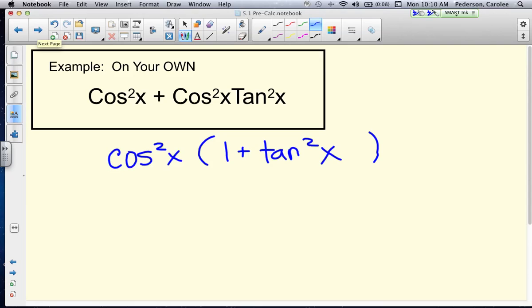Then where did you go? Very good. Recognize that this piece right here is one of the Pythagorean identities, which can be replaced. 1 plus tangent squared of x is secant squared of x.